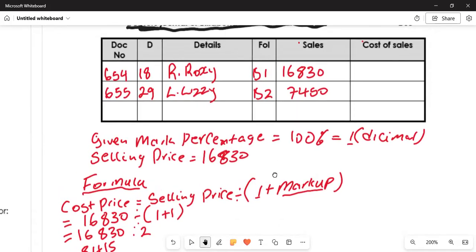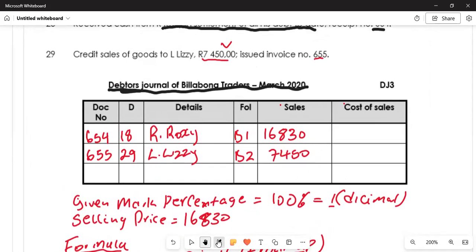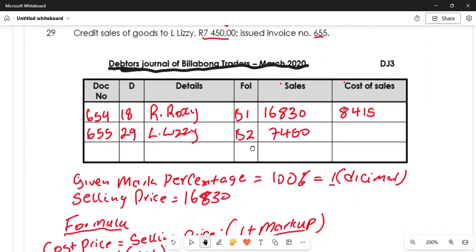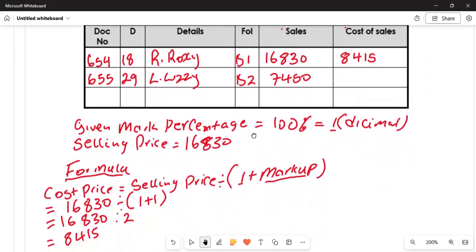This is the amount for our cost of sales, which is 8,415. That is that.